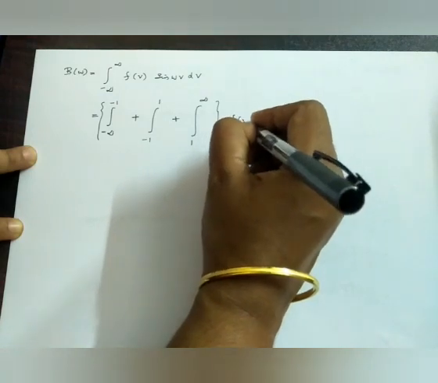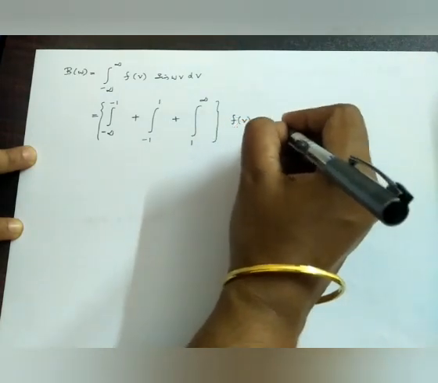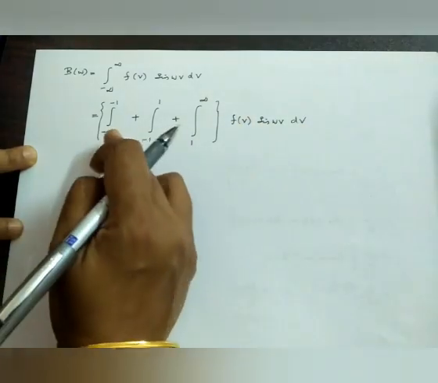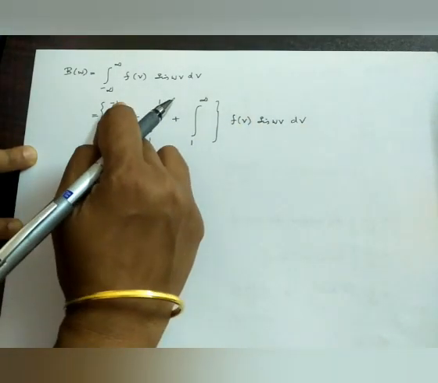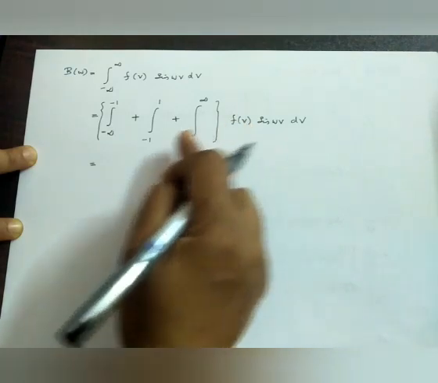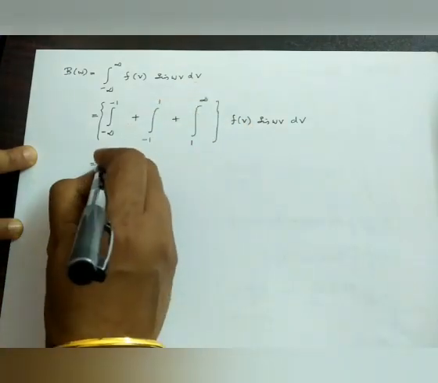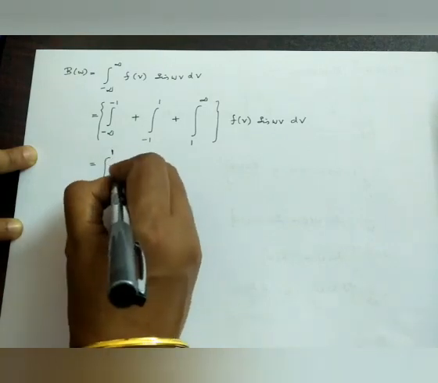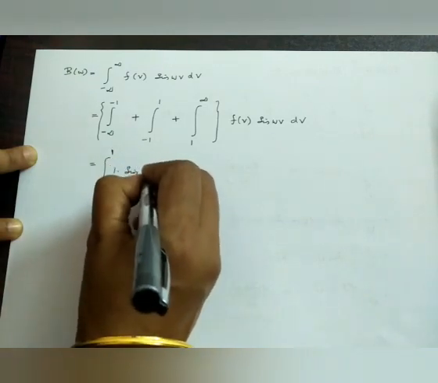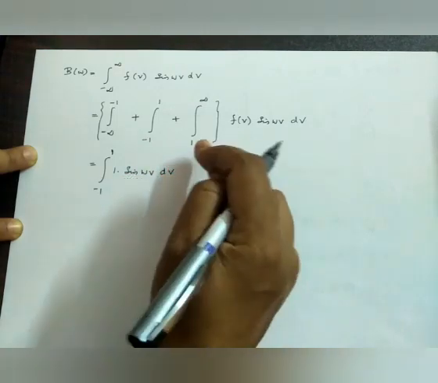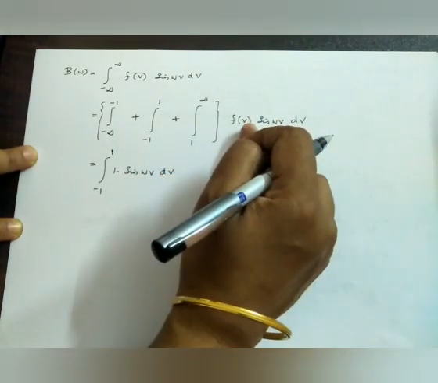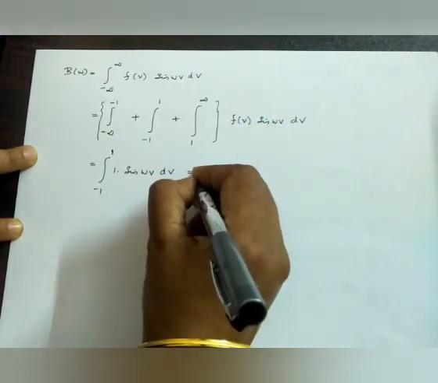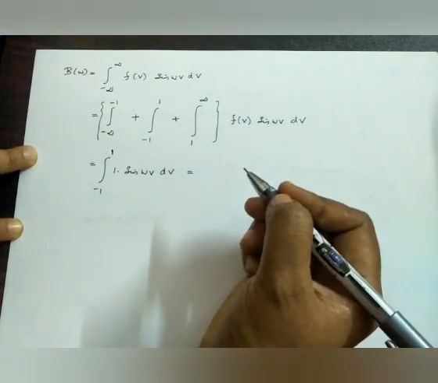As in the previous case, from minus infinity to minus 1 the value of the function is 0. From minus 1 to 1, the value of the function is 1, so 1 into sin omega v dv. And from 1 to infinity again, the value of the function is 0. Therefore, we have sin omega v dv only.